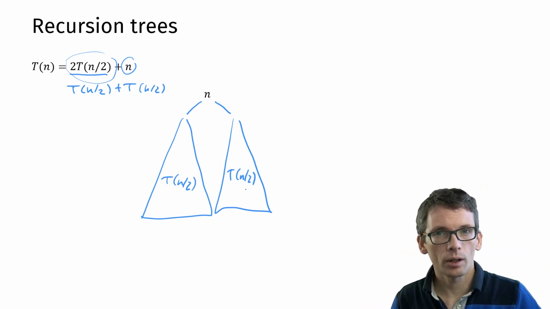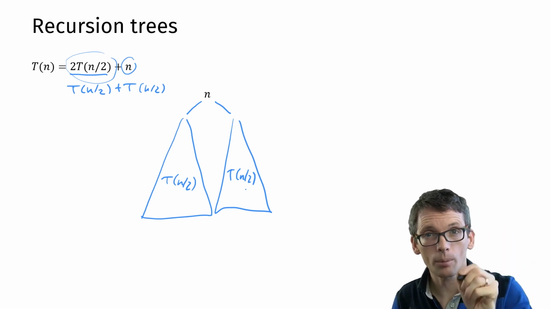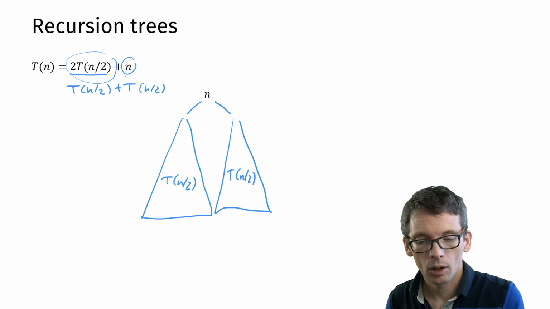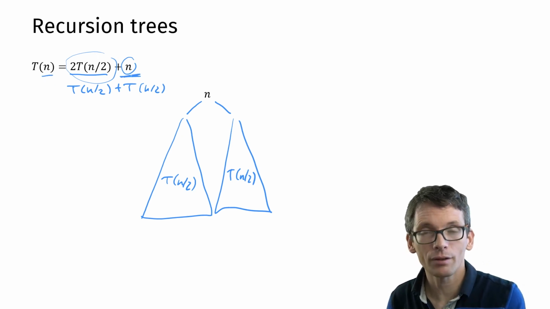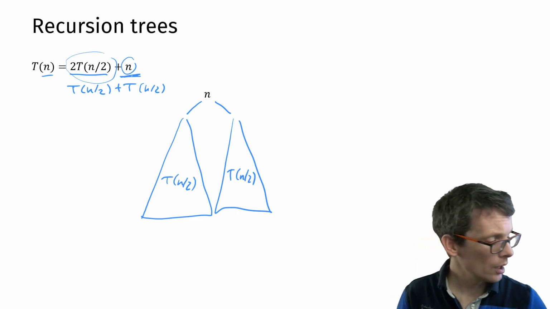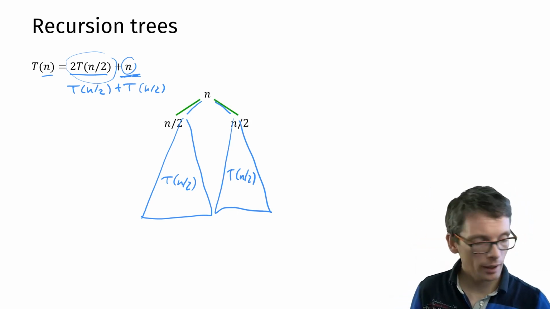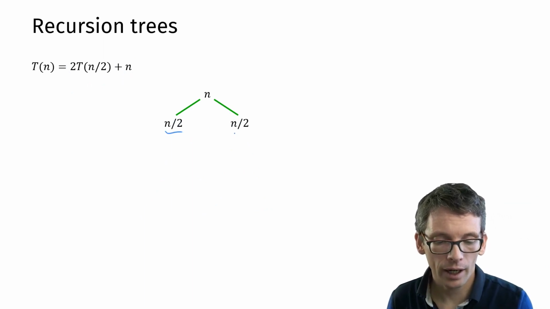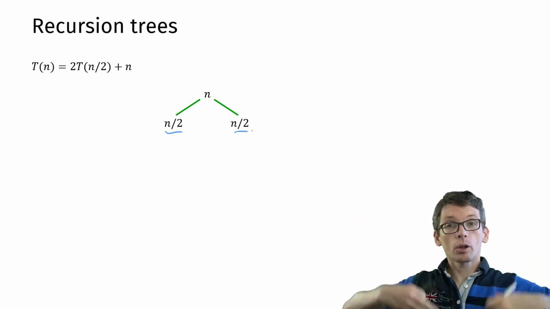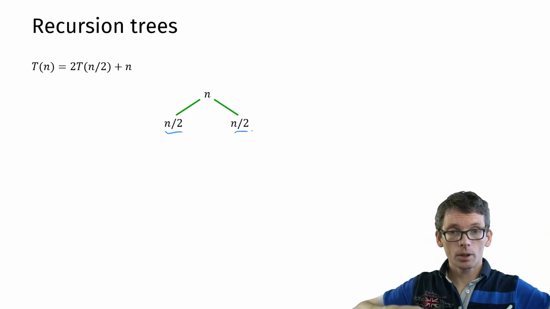If I want to draw a recursion tree for t of n half, the first thing that I do at the top, I put in whatever the term is here. But now the term here is n half. So what this looks like is the following. We get n half here, and of course recursion trees for t of n quarter below that.